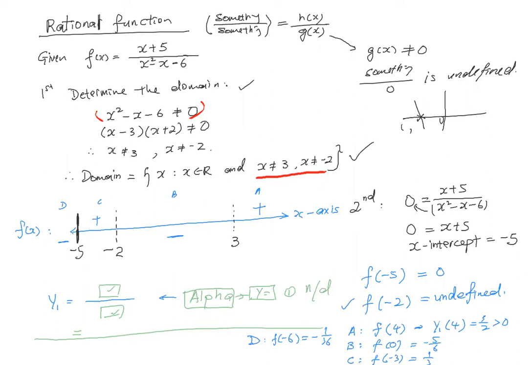Your x-intercept is -5. X cannot be equal to 3. So we are choosing within this range for the domain. So can I go to the next page for sketching the graph? Since we have the sign diagram already, we want to sketch the graph for this one, correct?